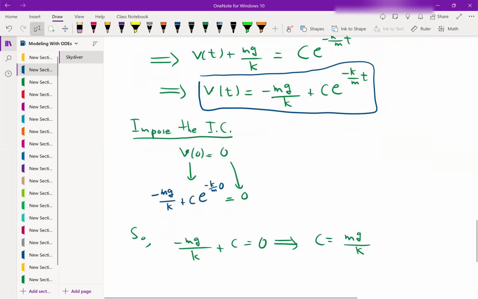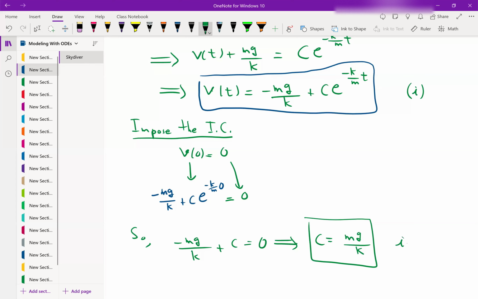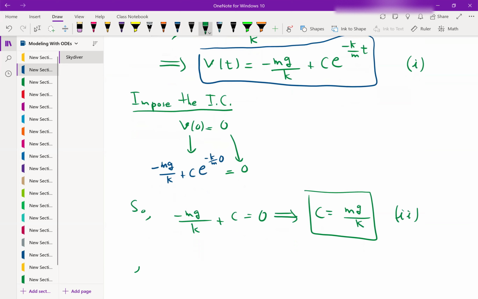Now that I know c, let me call this 1, and then I'm going to call this 2. 1 and 2 together tell me exactly what the velocity of the skydiver is as a function of time. They tell me that V of t is equal to negative mg over k plus mg over k times e to the power of negative k over m t.